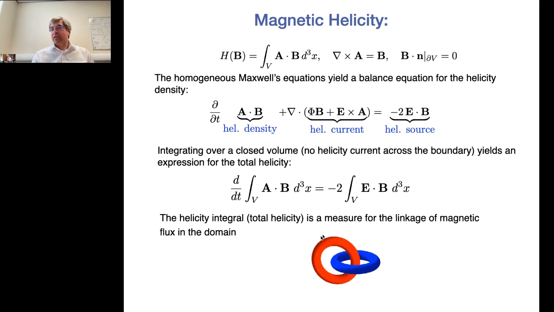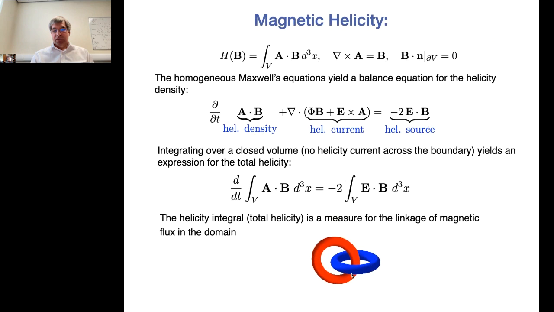You think of these two rings as bundles of magnetic field lines. They have an orientation, and depending on the relative orientation between the two flux tubes, you can have either positive or negative magnetic helicity in this configuration.